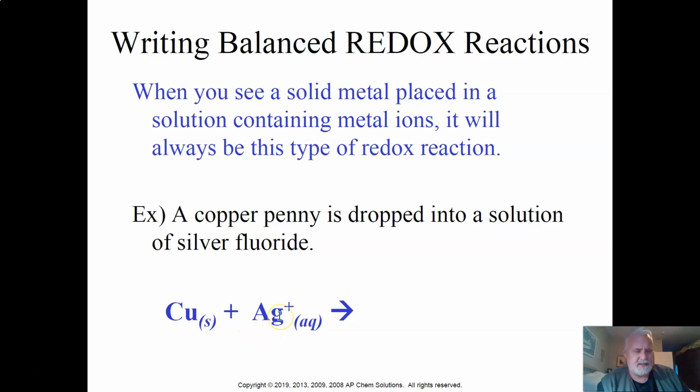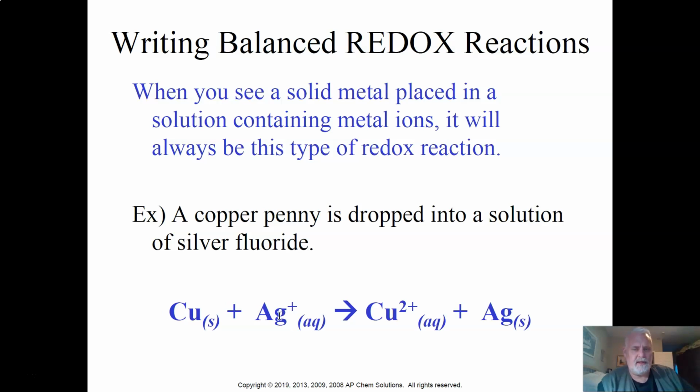The silver ion is always going to be a +1. Whenever we're dealing with copper, by far the most common form is the copper +2 ion. There is a copper +1 ion, but that's not the one that's going to form in these reactions. And then you'll have some solid silver. So the penny almost looks like it gets a little silver hair on it.